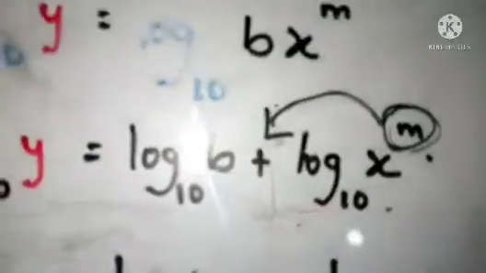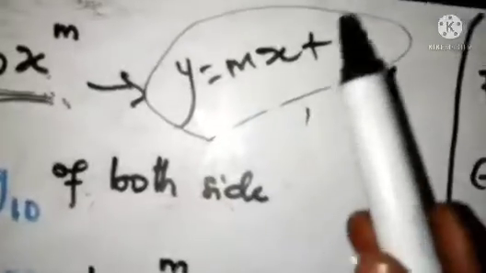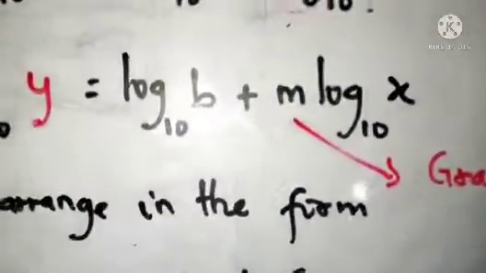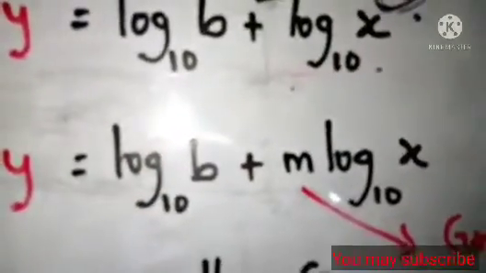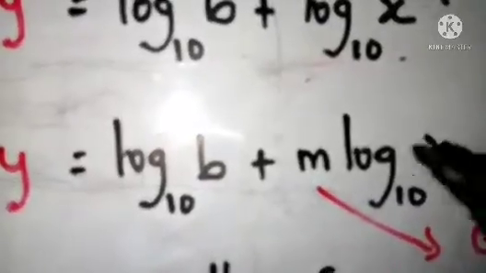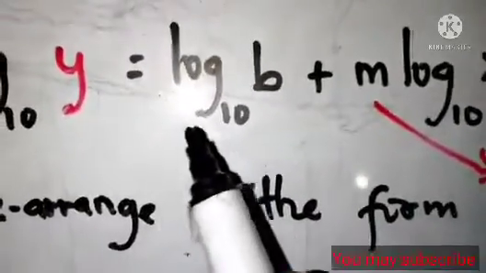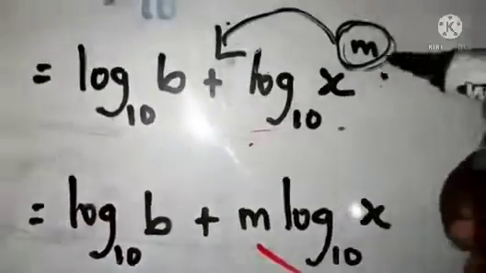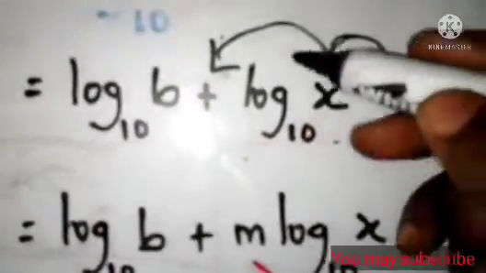Then just look at where we are going. We want everything to be on a straight line. We don't want anything raised to a power or anything of that nature. We are just using the laws of logarithm to express what we have been given in that form. Now we have log of y equal to log of b plus m, and obviously the m comes down, so m here drops down.